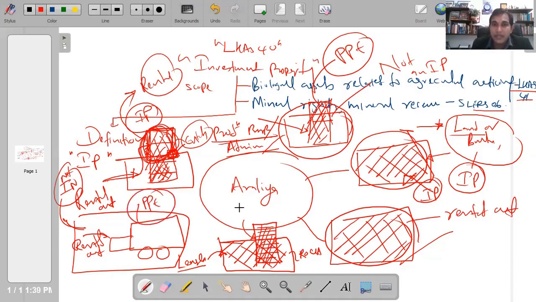So this one, we are still constructing, still not given for rent, but the purpose of constructing this building is renting. So as per the standard, this building also could be identified as IP, investment property.